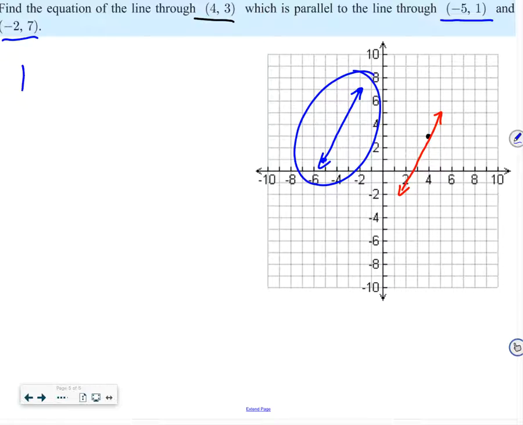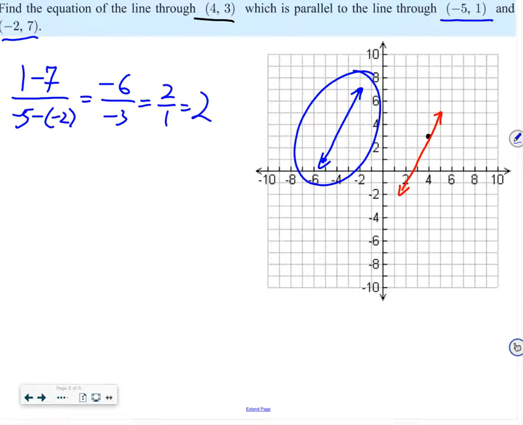So I do 1 minus 7 over negative 5 minus negative 2. So I get negative 6 over negative 5, that's going to be plus 2, so I get minus 3. So I get a gradient of 2 over 1, or just 2.